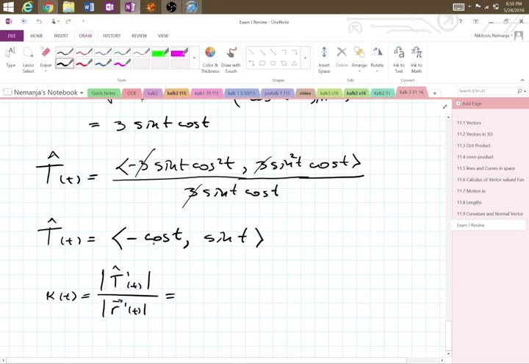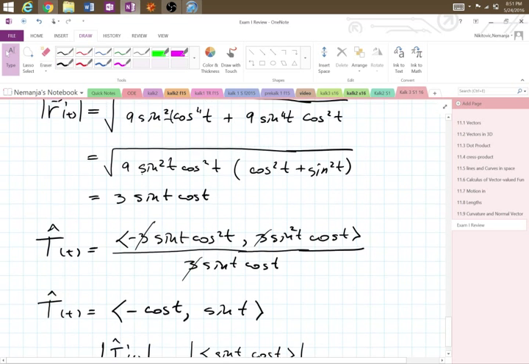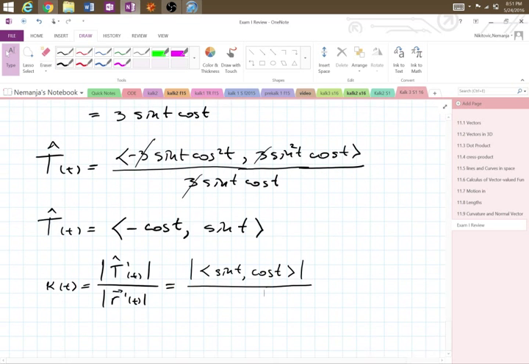The derivative of cosine is negative sine, and then negative and negative cancel. So I have the magnitude of sine t comma cosine t divided by the magnitude of r prime. We already have that. That's 3 sine t cosine t.